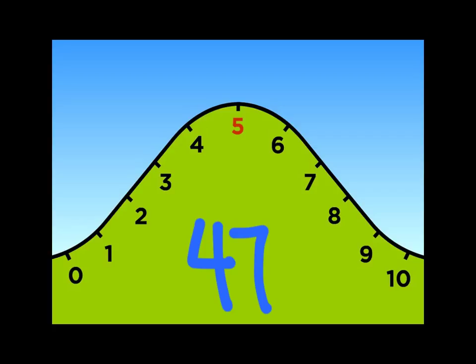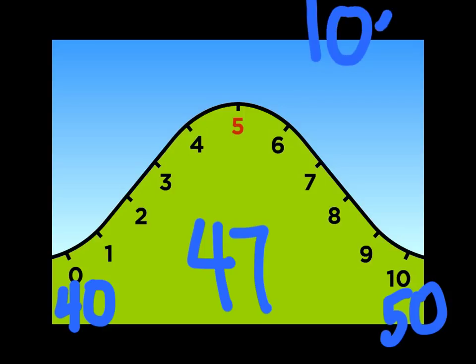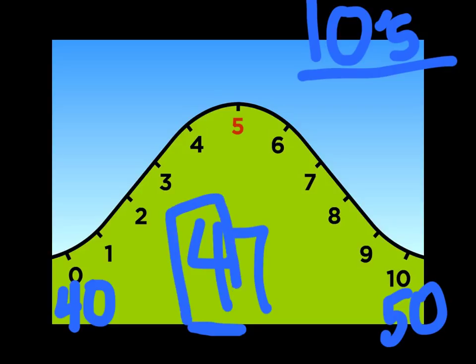Okay, so now let's put this into play. So I've got a number, and I've got 47 as that number. What two 10s is 47 in between? Go ahead and tell me. If you said 40 and 50, you're right. 47 is in between 40 and 50. So when you're rounding to the nearest tens place, I always like to underline the number or the place I'm rounding to, which is my tens place, and my 4 sits in my tens place.